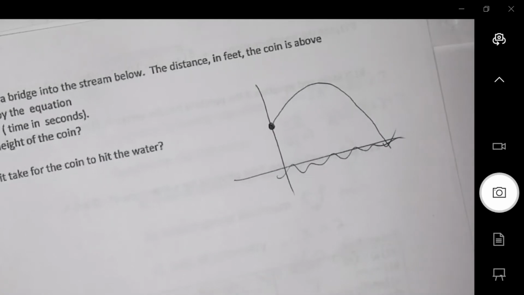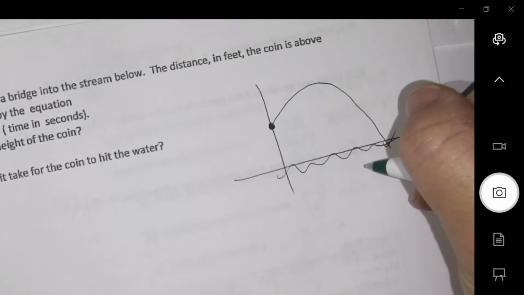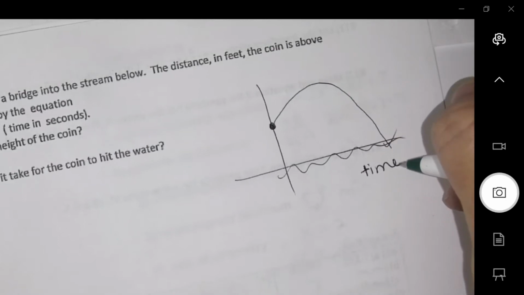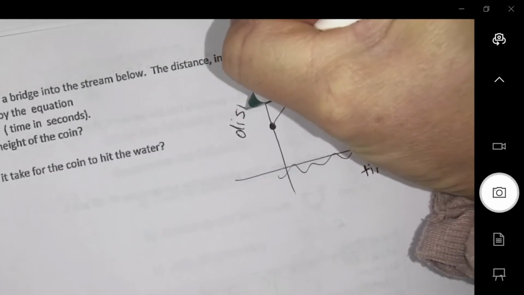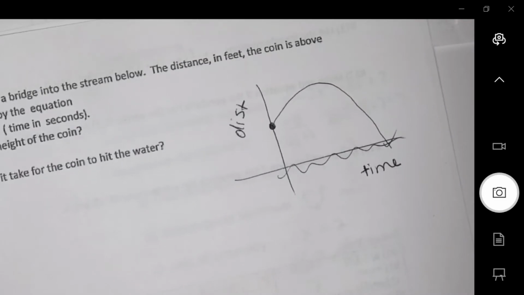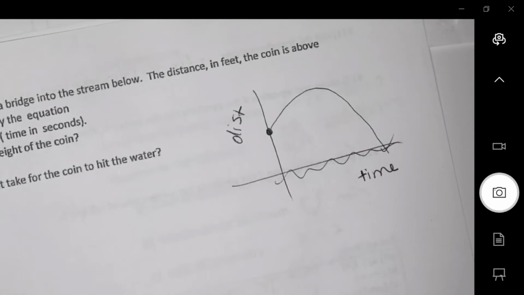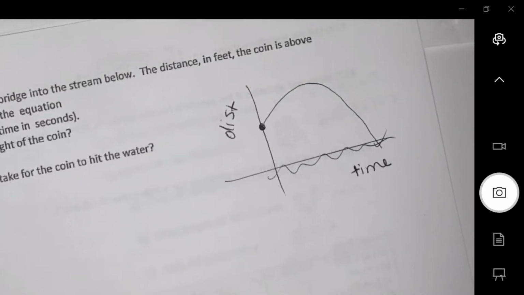And we're talking about time of what's happening and the distance of the, I don't really like that word, the height I should have wrote, but okay. What is the greatest height of the coin?